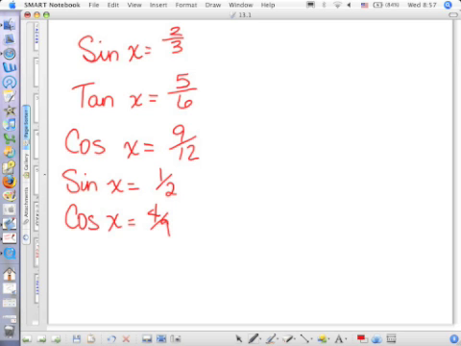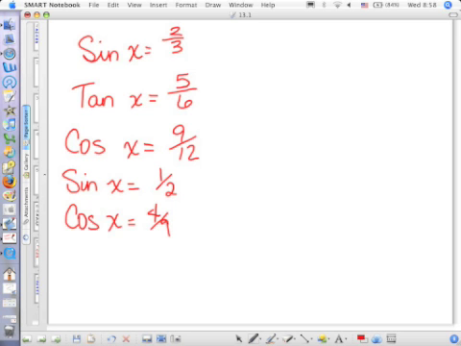In this case, when we punch it into our calculator, we have to use what? The shift key, or the second key. Remember, knowing your calculator is important.